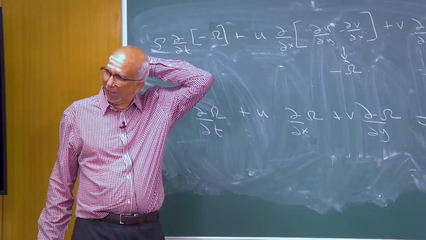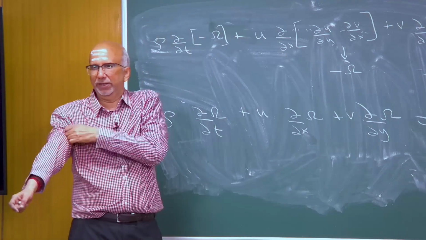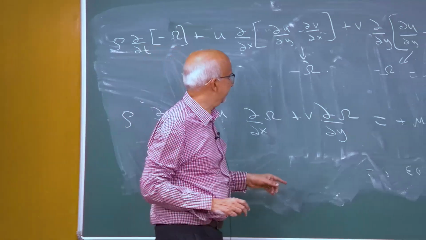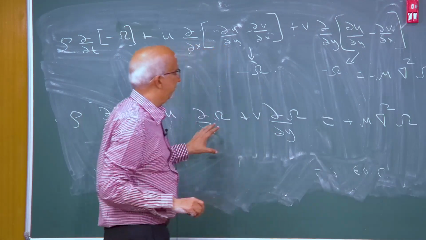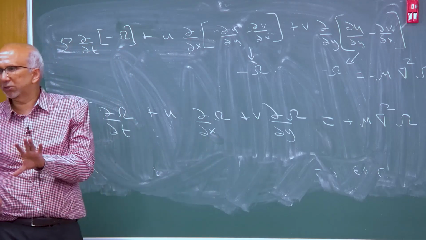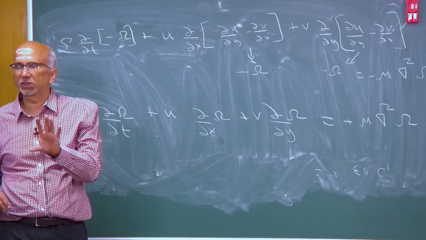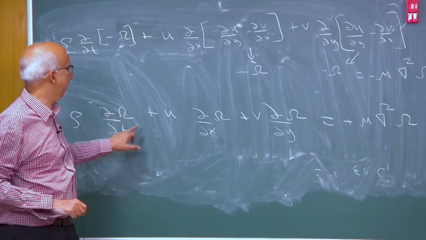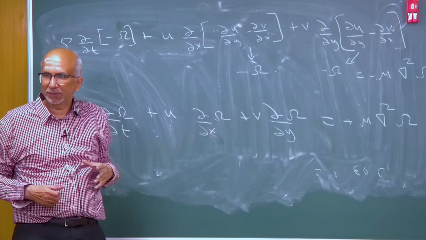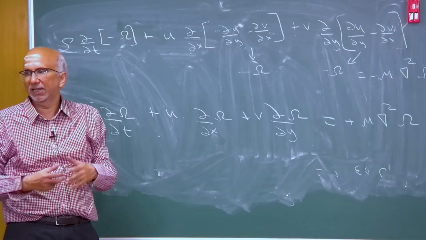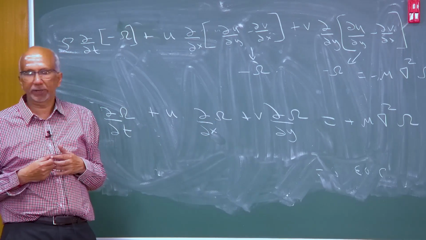You just have to do it, and you will get it. This is an equation for vorticity, and it is very similar to your Navier-Stokes equation. What did I have? Dou u by dou t plus u du dx plus v du dy equals del square u. So this is like how the vorticity is getting convected in a flow.